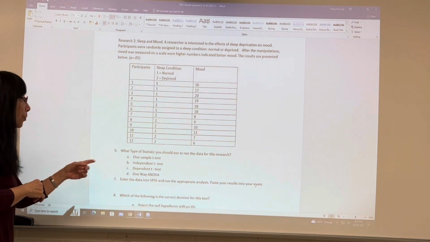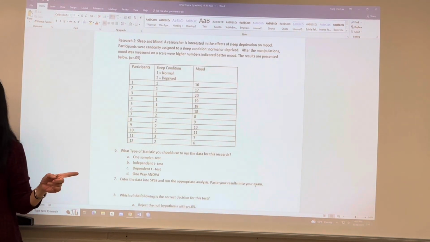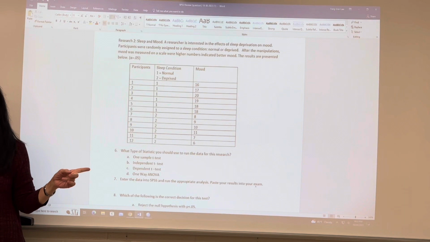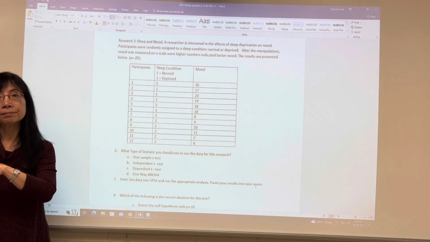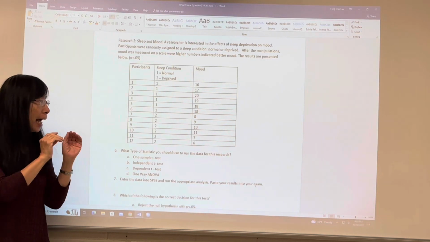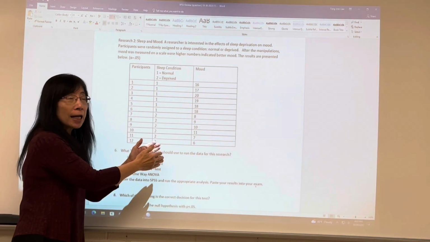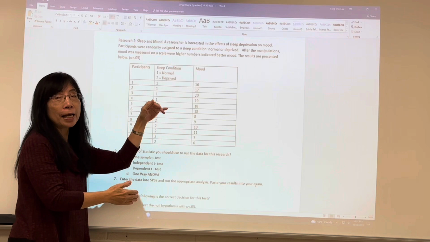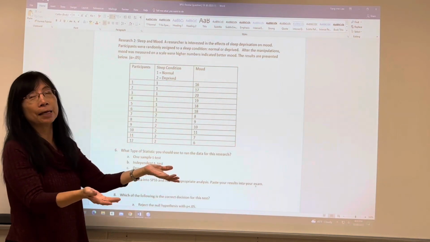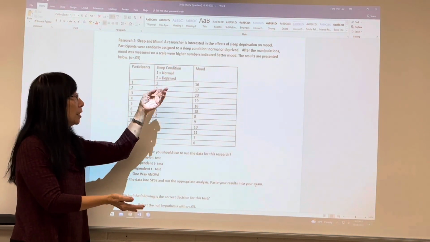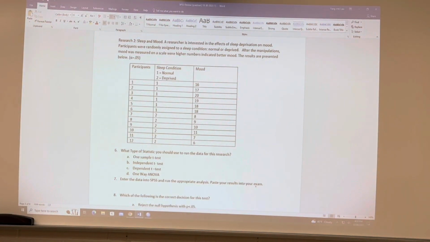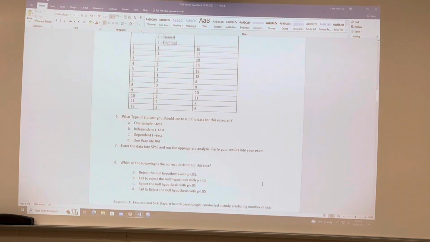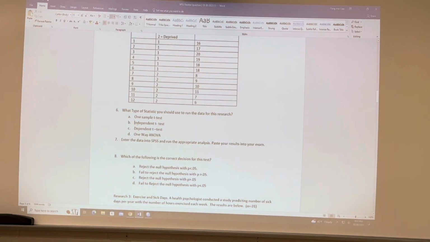The answer should be independent t-test, because we do a comparison and there are only two groups, and they have nothing to do with each other. If you sleep so well, you are not one of those unable to sleep. So they are independent. The answer is B.